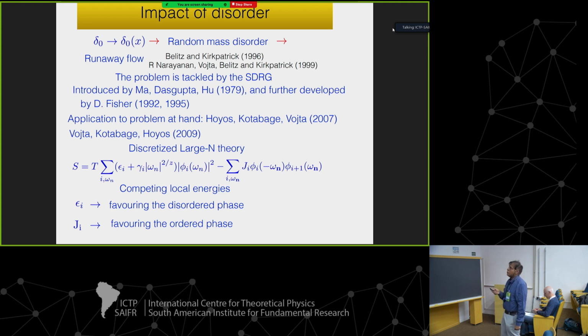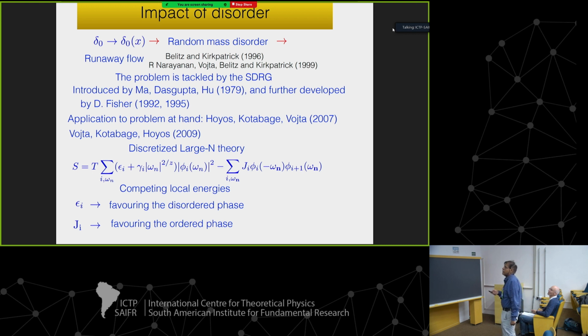Okay, so what they did is they used a discretized version of this large N theory, where they generalized the phi-4 model to a large N theory and then discretized it. The RG they did essentially looks at local energy scales and competes them with respect to each other.